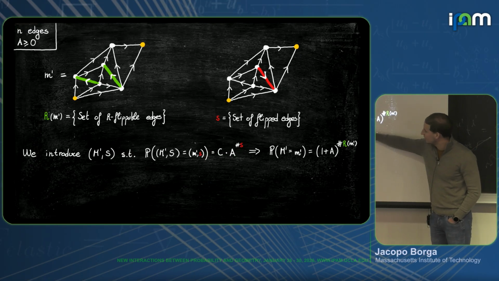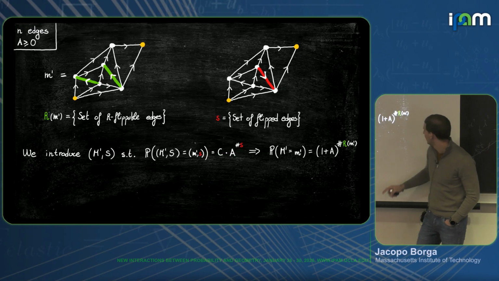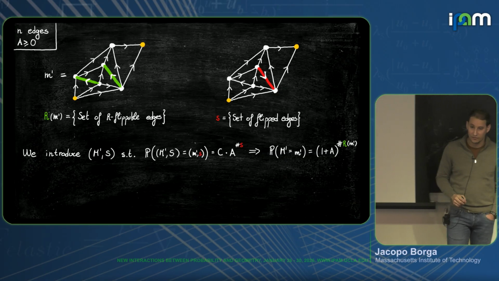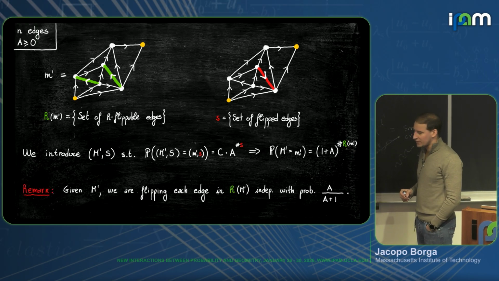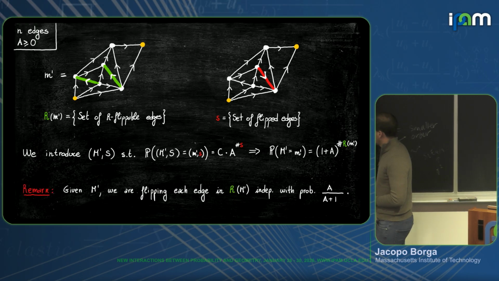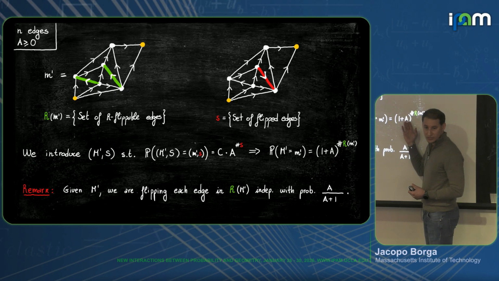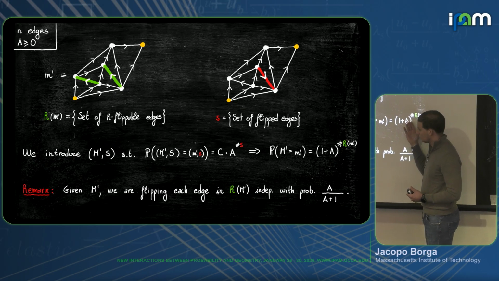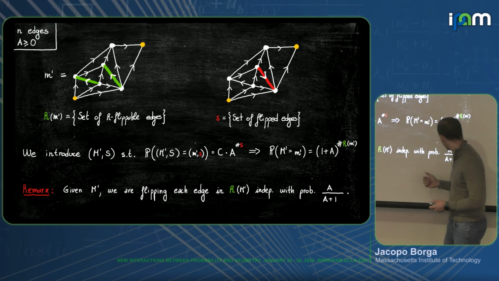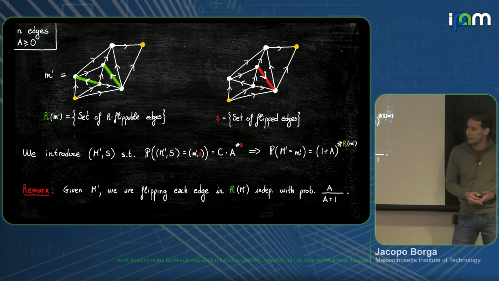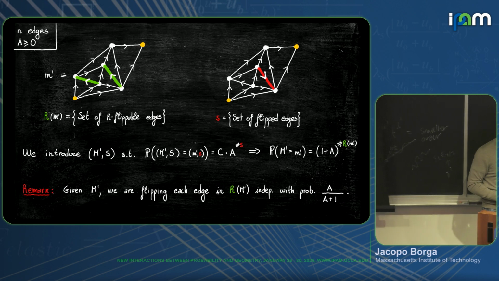Here there is a missing rescaling constant that is the same as here. So another way of thinking of this model is you sample the map according to this Boltzmann law, and then for each green edge, you flip it or not independently with probability A over A plus 1. It is exactly the same model.